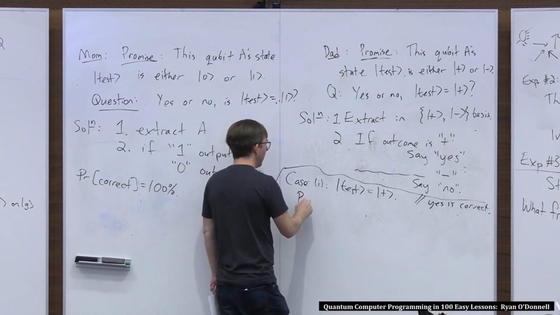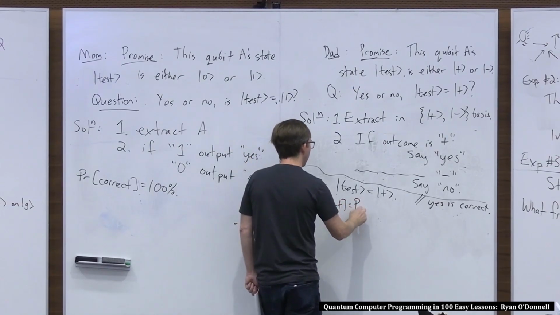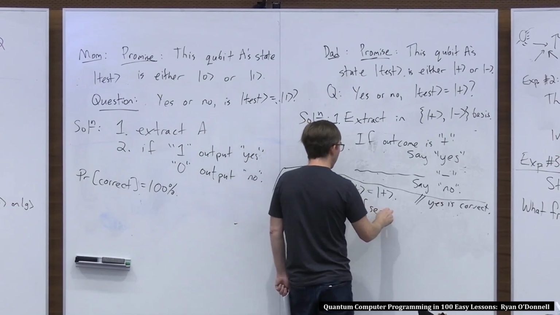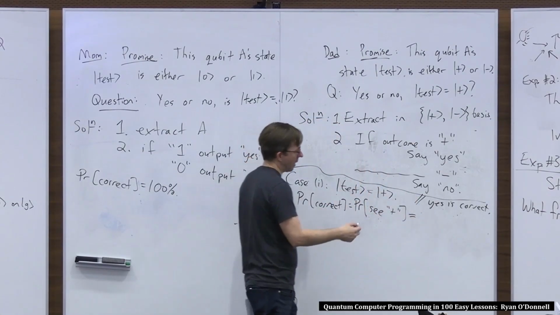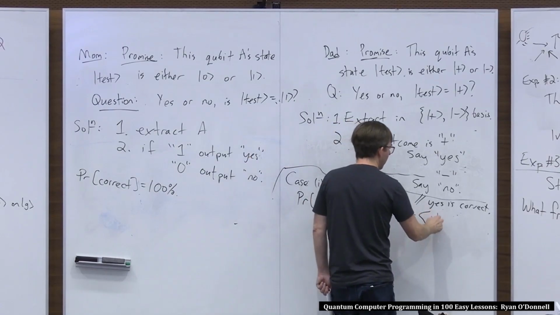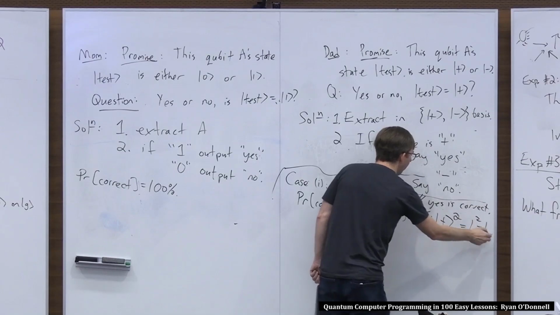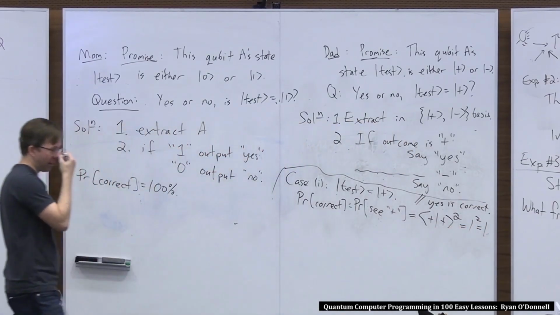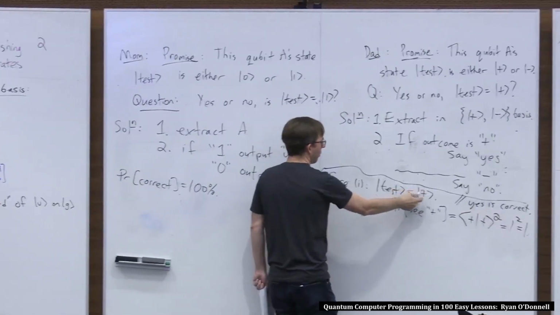So therefore the probability that you're correct is the probability that you see plus on your measuring device. Just to be pedantic, I'll write it out. It's the inner product of the plus vector with the plus vector squared, which is 1 squared, which is 1. So the probability that you're correct is 1 if the true vector is ket plus.